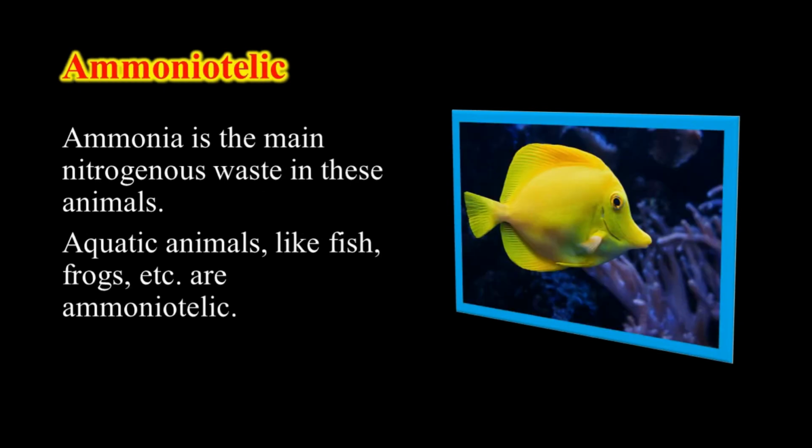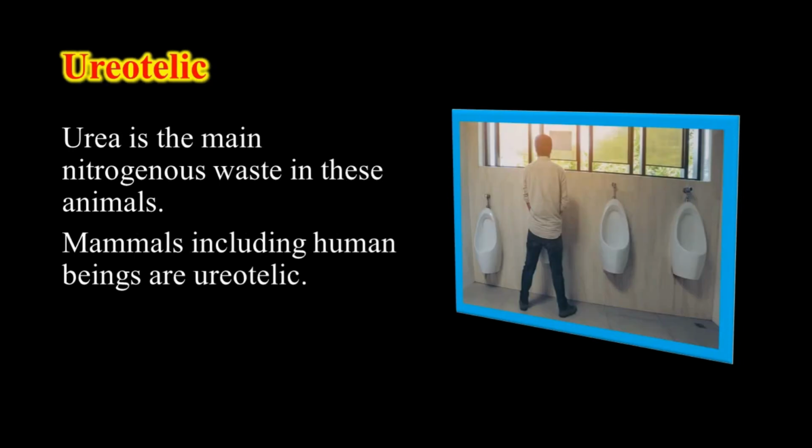The first category of the animal is ammoniotelic. Ammonia is the main nitrogenous waste in the ammoniotelic animals. Aquatic animals like fish, frog are ammoniotelic because they excrete ammonia that directly dissolves in the water. And second category is ureotelic. Urea is the main nitrogenous waste in these animals.